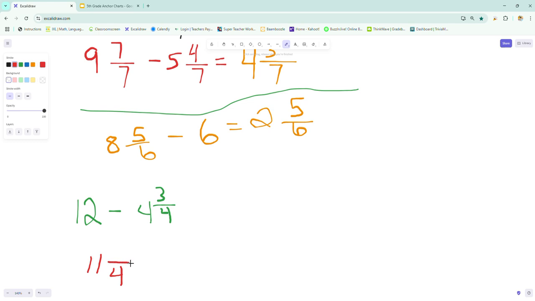And we don't have anything for our numerator, so we're going to add 4 plus 0, which is 4. Okay, and all this means is 4 over 4 is 1. Okay, so now we're going to subtract that from 4 and 3/4.